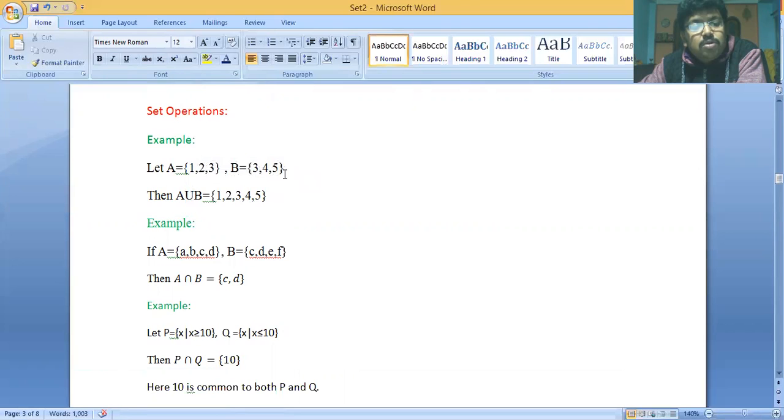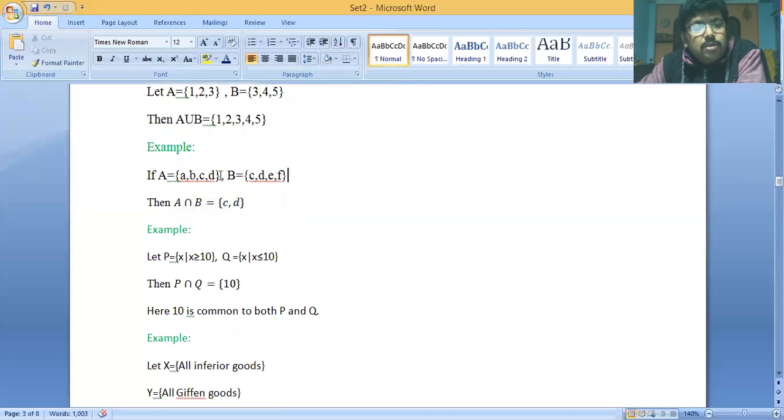We just omit the repeated number. The repeated number is 3. We do not repeat the number.